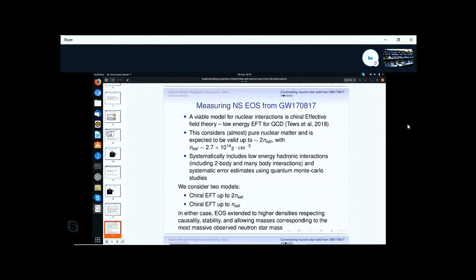And we consider then two models. The first is this chiral EFT valid up to twice the nuclear saturation density, and the second one where we take it to be valid only up to NSAT. In either case, you extend the EOS to higher densities, respecting causality, stability, and also you say that the EOS has to allow masses corresponding to the heaviest observed neutron star mass.